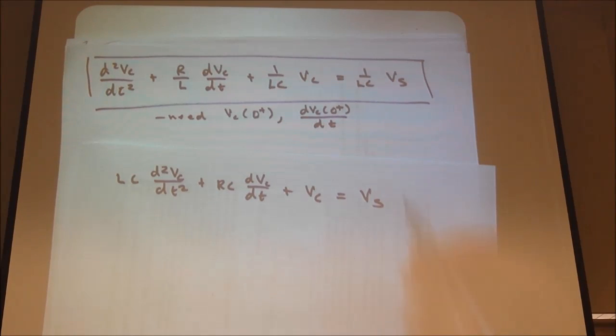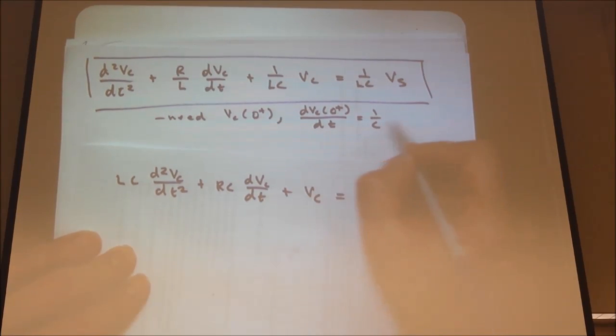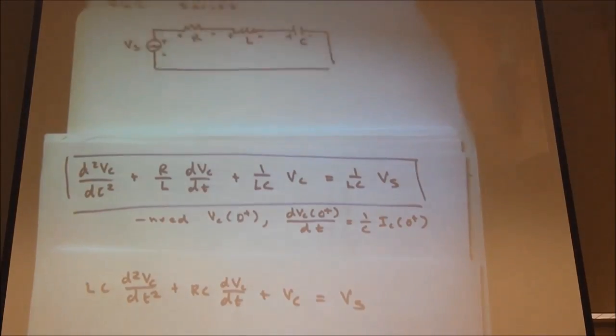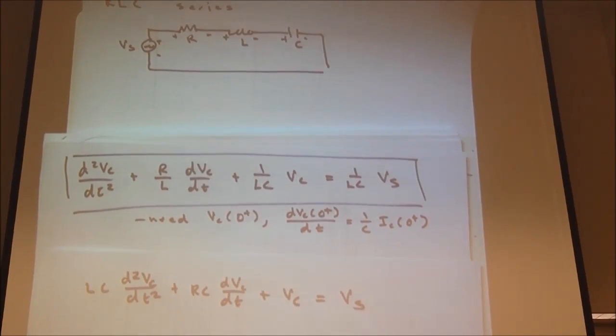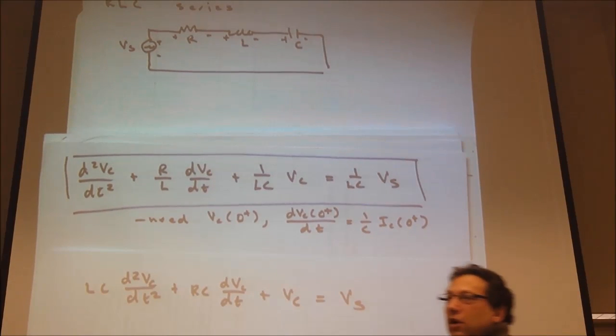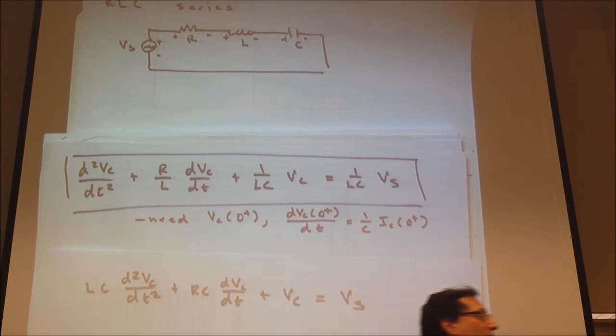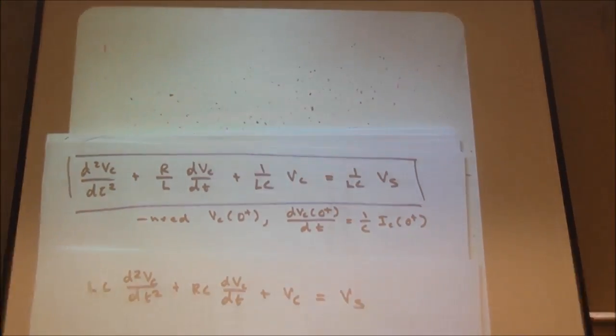So we could write this as 1 over C IC(0+), which in the case of our particular circuit is also equal to what? Well, still a series circuit. Again, that hasn't changed in the last minute and a half now. So IC(0+) is IL(0+), and now we take advantage of both our initial condition expressions or continuity expressions, current through the inductor and voltage across the capacitor.